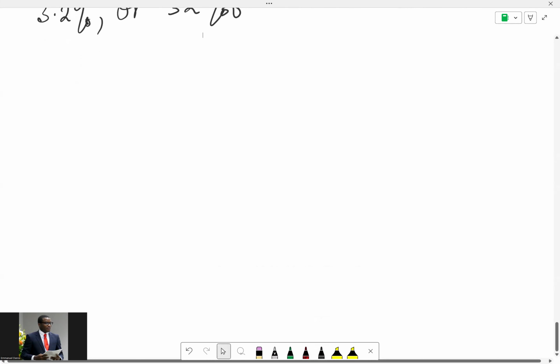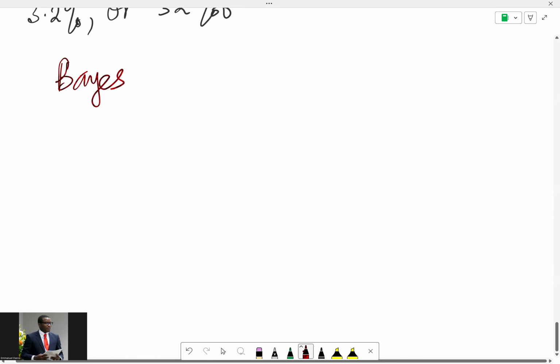So the last part of conditional probability we want to consider is a very important one, and that is the idea of Bayes theorem. Bayes theorem has come to be very useful even in artificial intelligence today. So let's look at Bayes theorem. It has something to do with conditional probability.